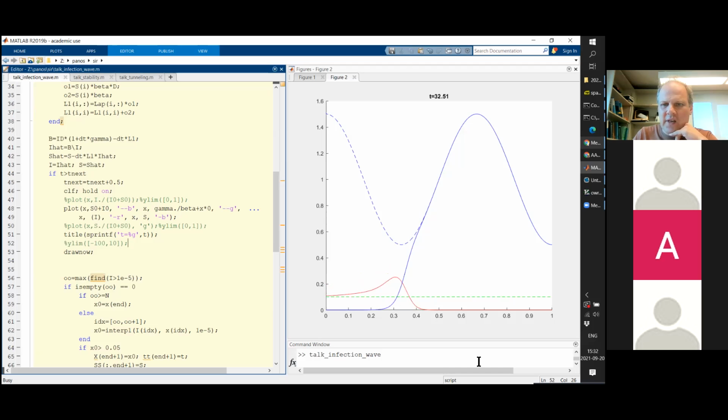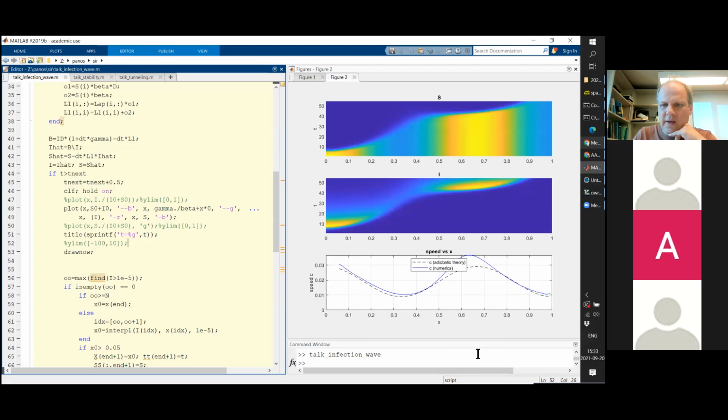As it goes to where there's high density of population, it speeds up. Then eventually it propagates throughout the whole domain until everybody gets infected. So this is the picture here.